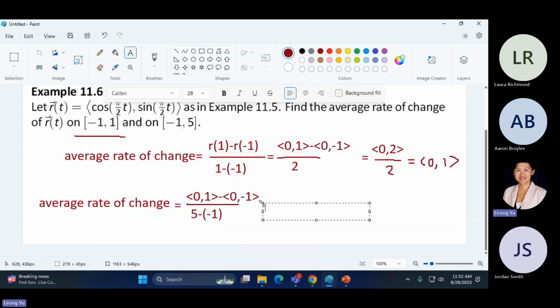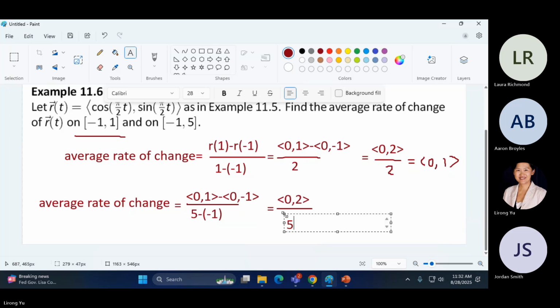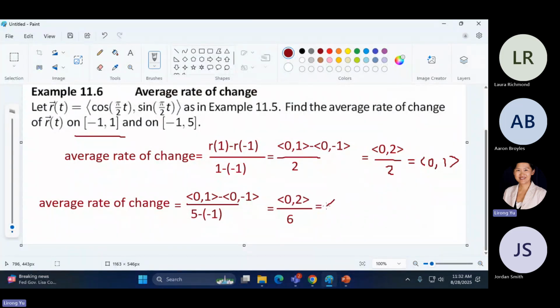So the numerator is still the vector (0, 2), but the denominator is 6. So the actual rate of change is smaller in magnitude. Dividing by 6, we have (0, 1/3).